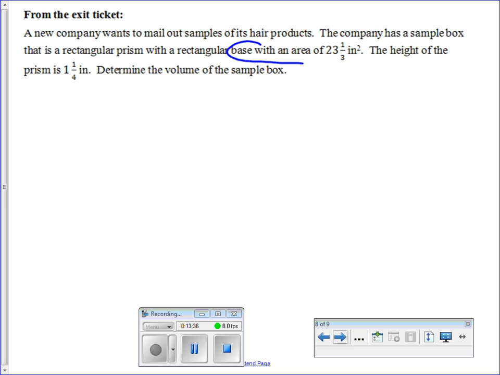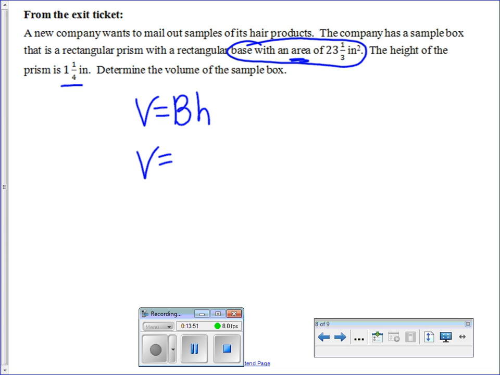So the base has an area of 23 1/3, and we know the height. So let's find the volume. Volume is the area of the base times the height. So the area of the base is 23 1/3. The height is 1 1/4.